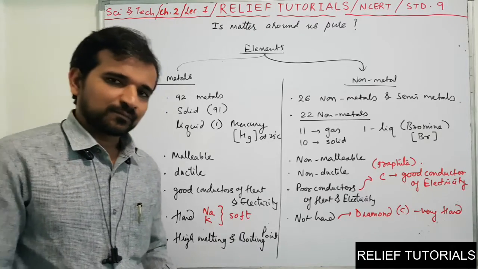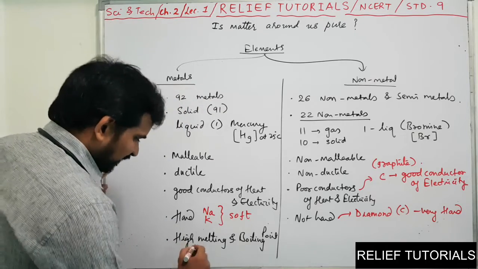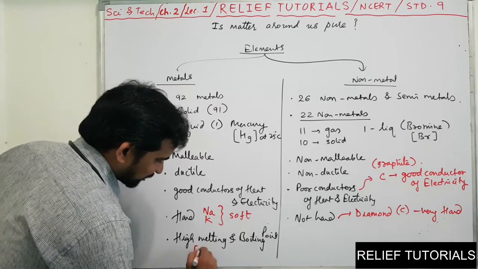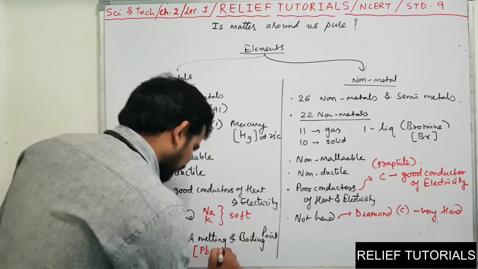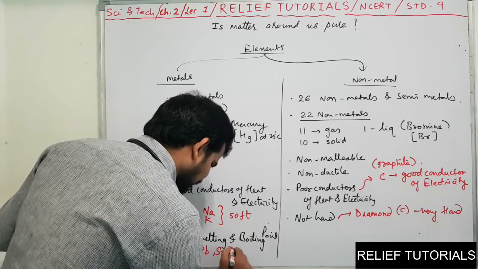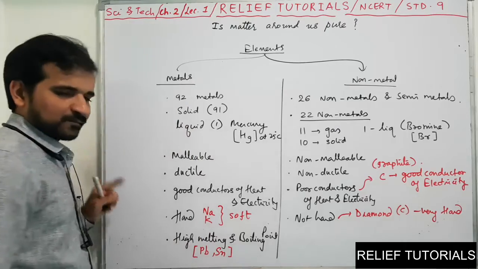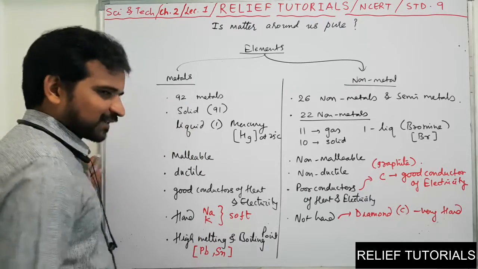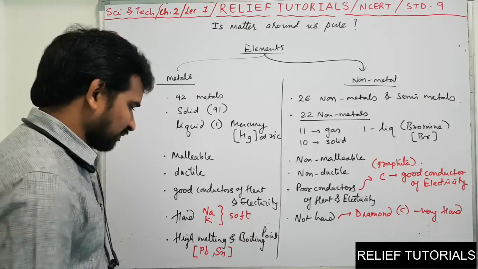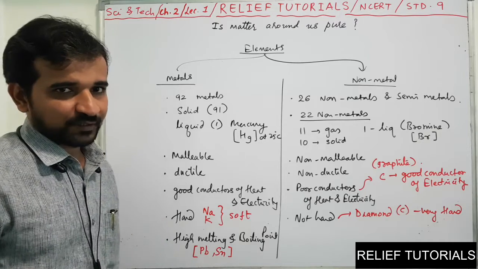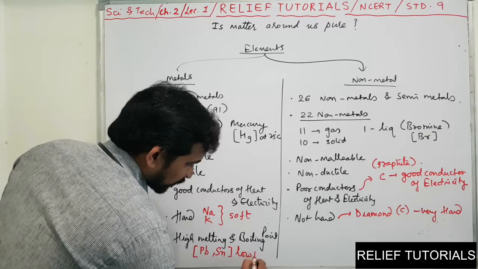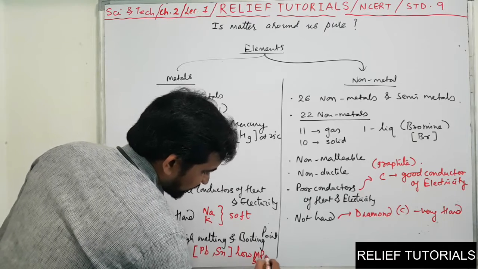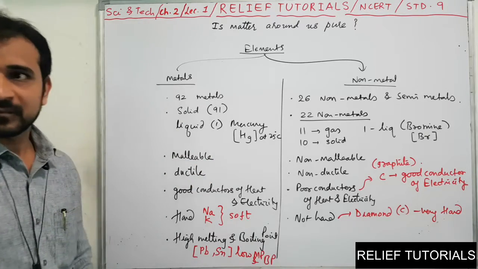But we have some exceptions here also: lead and tin. Pb is the symbol for lead, and Sn is the symbol of tin. Lead and tin are the two metals having low melting and boiling points.